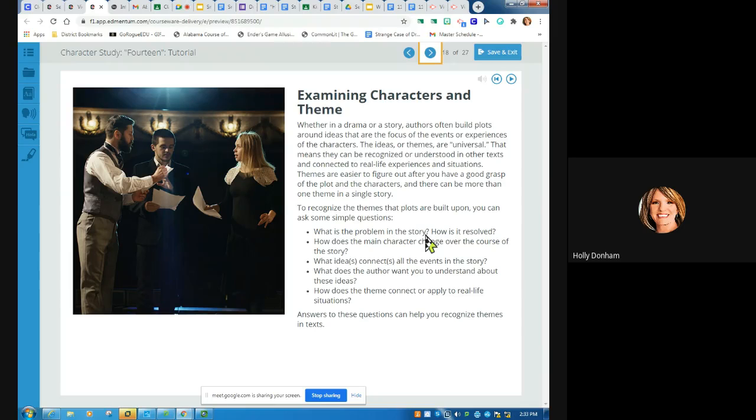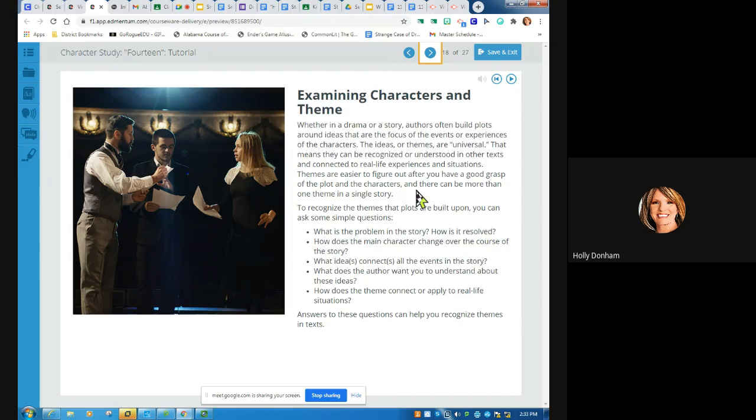That means that anybody around the world can understand these themes, like love or death, loss, pride, falling from grace. Those things, everybody around the world understands those. Themes are easier to figure out after you have a good grasp of the plot. So you can't tell what a theme is in a story until after you read it, okay?